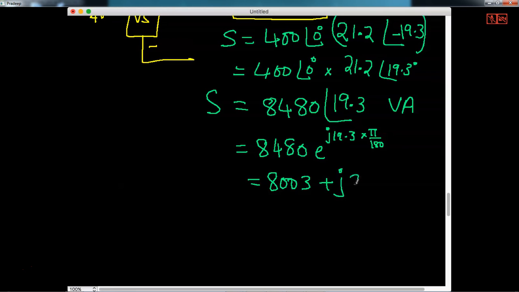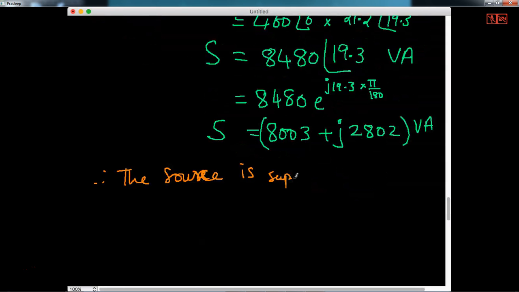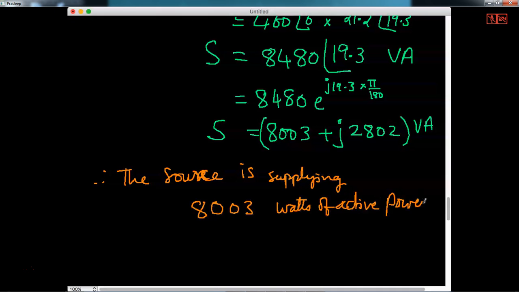So what is the meaning? Therefore, the source is supplying 8003 watts of active power and 2802 VAR of reactive power.